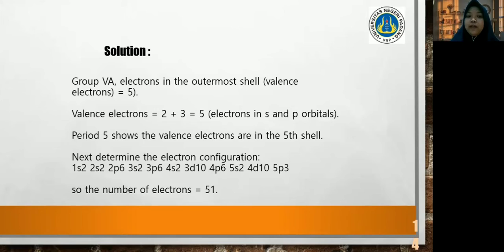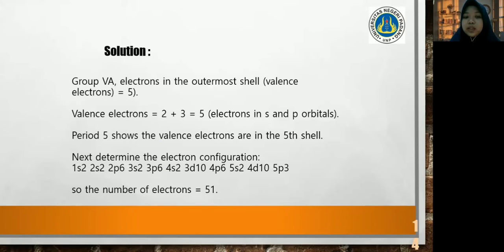Group 5A: the electrons in the outermost shell, or valence electrons, equal 5. Valence electrons equal 2 plus 3 equal 5, or electrons in the s and p orbitals. Period 5 shows the valence electrons are in the 5th shell.